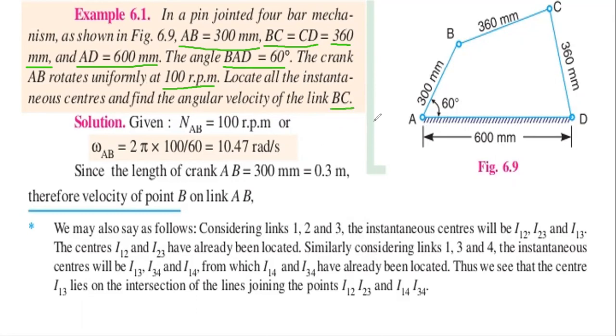So we are going to find the link BC velocity, that is V of BC. So first of all, from these given lengths, we are going to draw this 4-bar mechanism. First we are going to take the length AB as 300 mm, but the link AD is the fixed one.